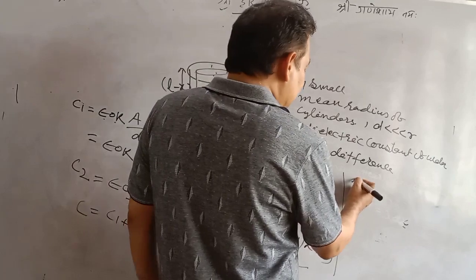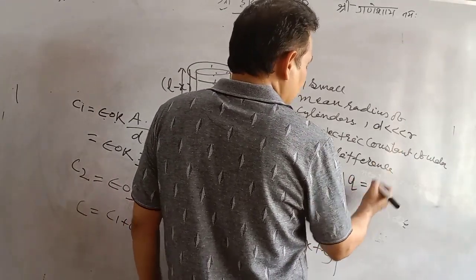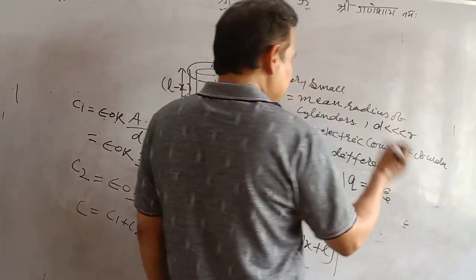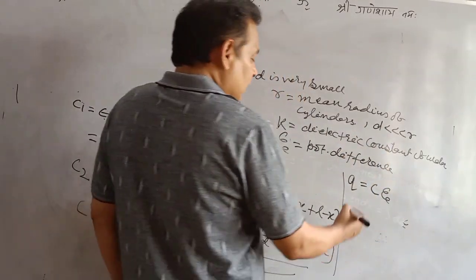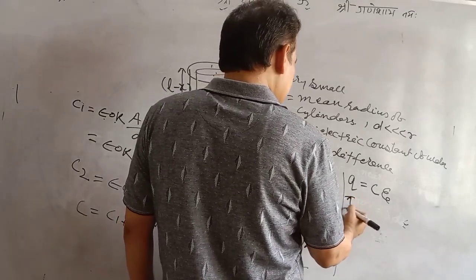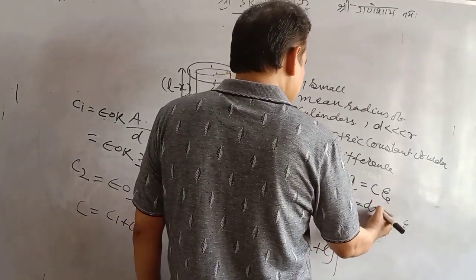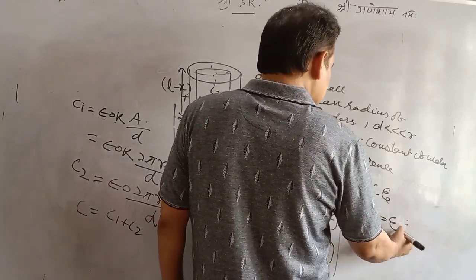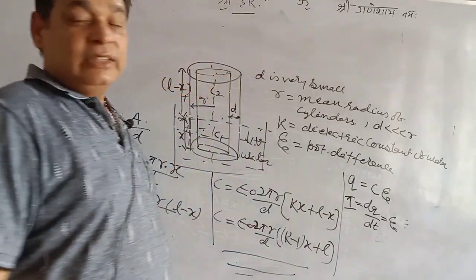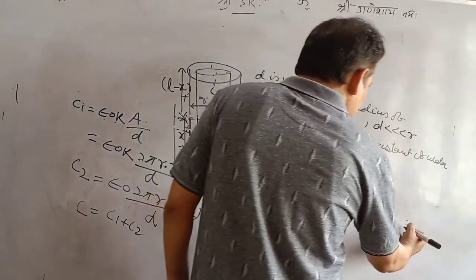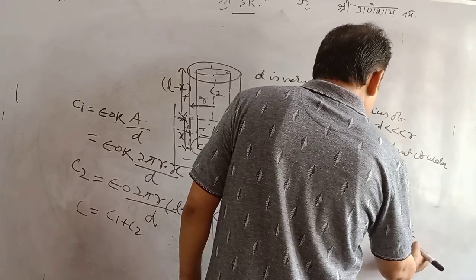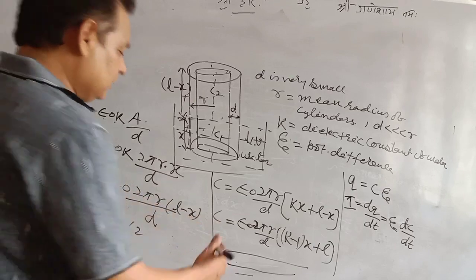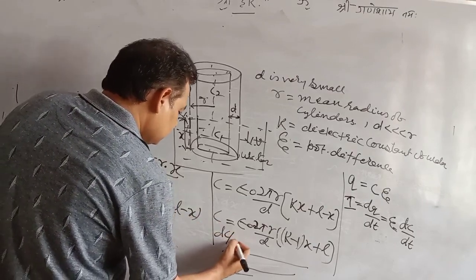So the instantaneous charge on the plates will be Q equals C into ξ. And the current is due to motion, I equals dq by dt. ξ is constant, the potential difference applied by the battery, not changing with time, so that equals ξ dC by dt. Let me find dC by dt here.